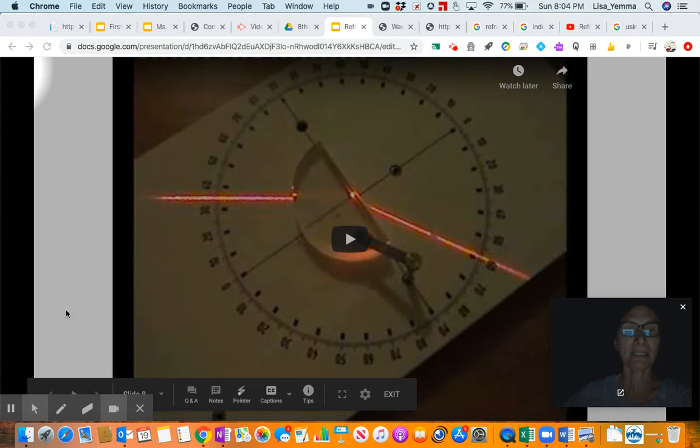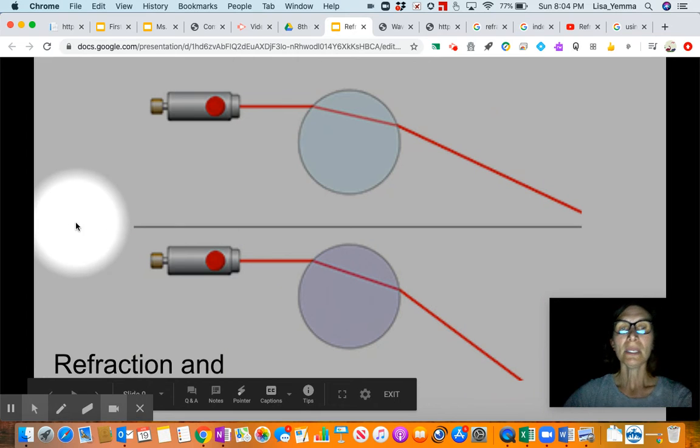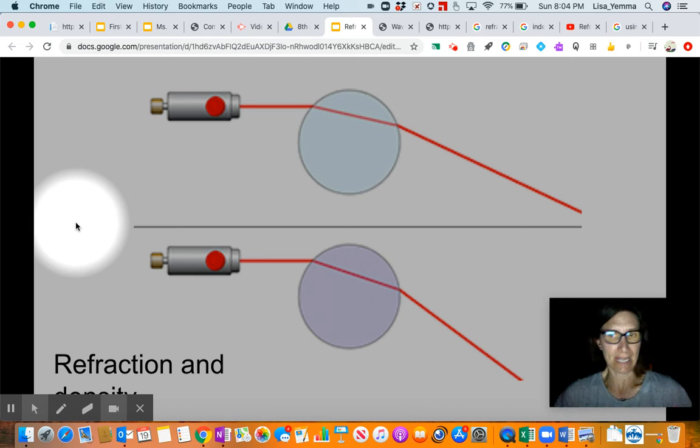So our next idea here, if we can move our slide over, is thinking about what this tells us. Who cares about light traveling and refracting? Well, think about the knowledge that we are trying to gain of our solar system and our universe and our multiverse and our different stars.